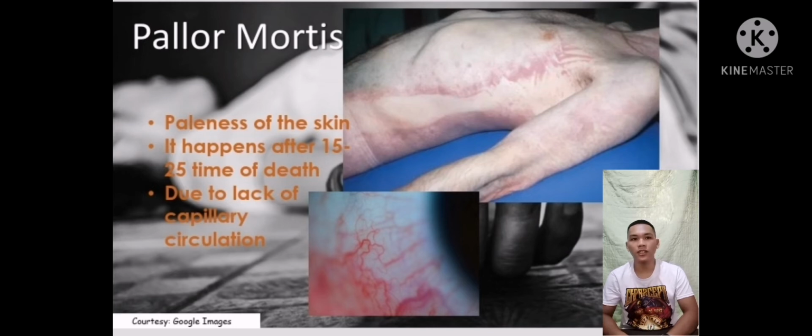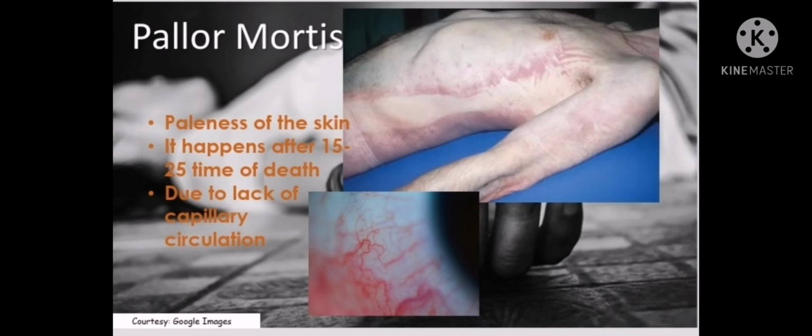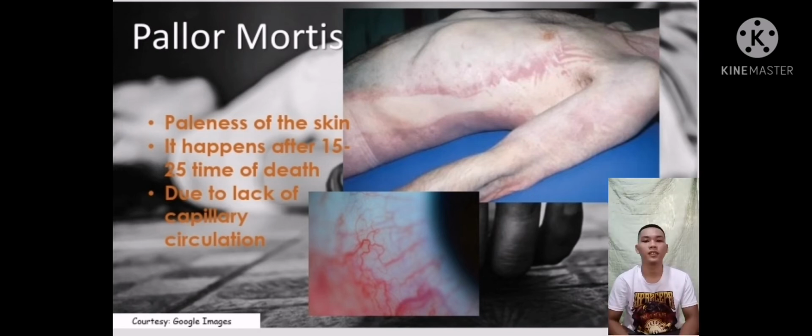There are slight natural differences in skin color between the two sexes, which disappear as a result of pallor mortis. It is also the result of lack of capillary circulation once death has taken place and occurs almost immediately.